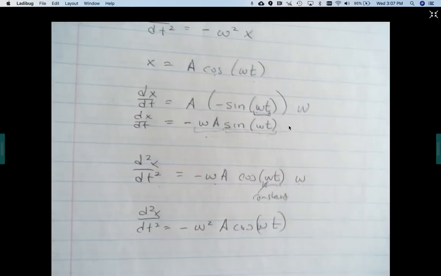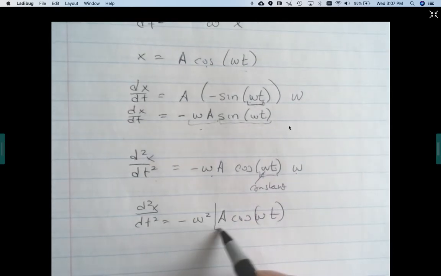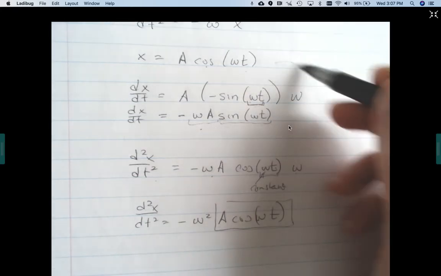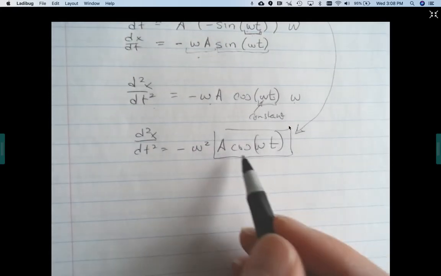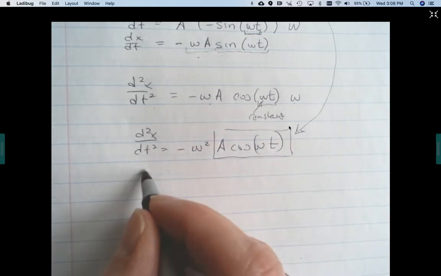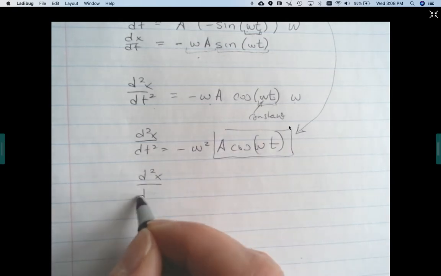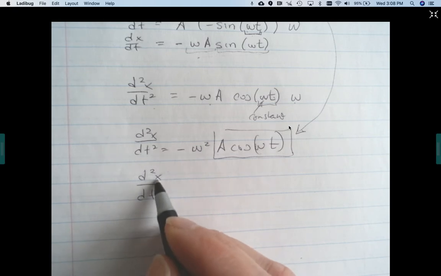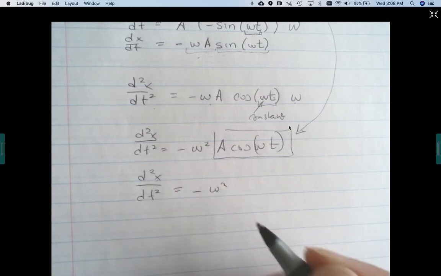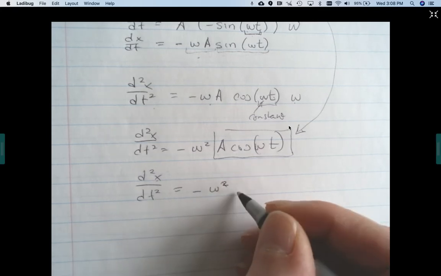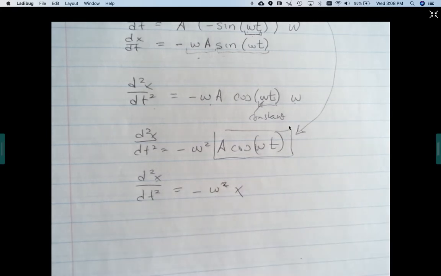Okay, and if we look back up, that's what we started with, right? This is x. So in fact, this function, A cosine omega t, does satisfy this differential equation that says if I take two derivatives of the same function, I get back a minus sign, I get back a constant squared, and I get back my original function x.